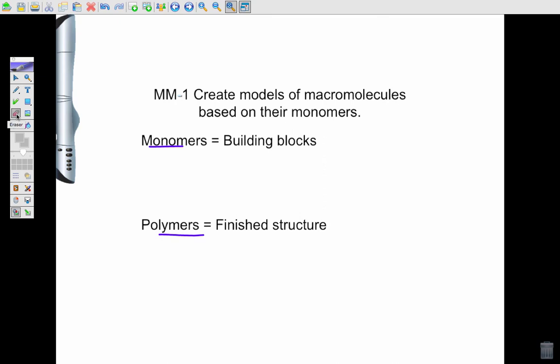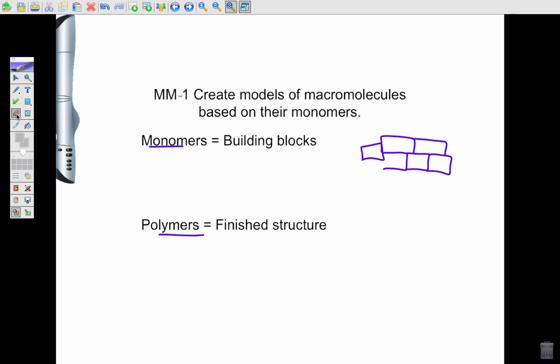So to use an analogy for this, if we have a brick, that is a monomer. But if we add another brick to it, in a series of bricks, we get a polymer.